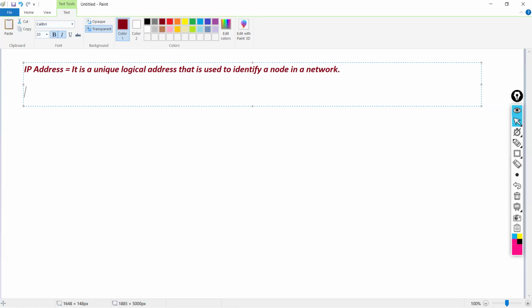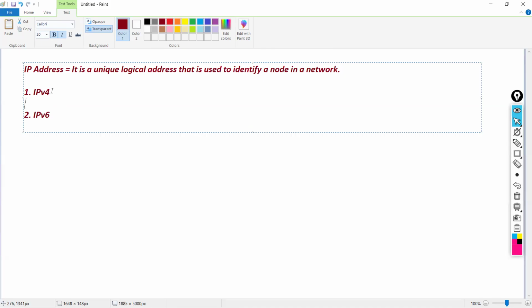Very important, right? Now in IP, we have two versions. One is IPv4, the second one is IPv6. Sometimes the interviewer can confuse you: you have IPv4, IPv6, what about IPv5? This is your task for the day. Note it down, and tomorrow come after research on what happened to IPv5.